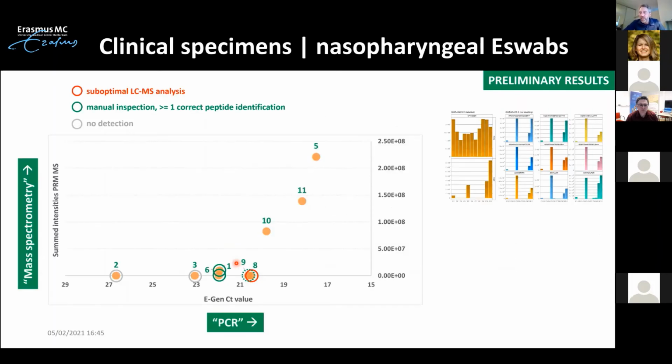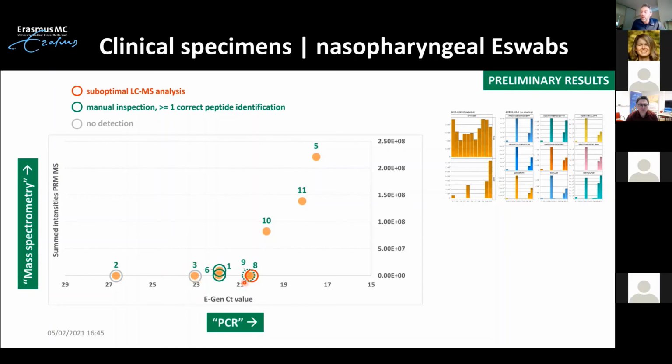If you then sum the intensities for all peptides and plot these against the corresponding e-gen CT values of the same samples, then these are the results. So obviously for the higher CT samples, so that means more virus present, the intensities are high. And for some high CT values, less virus present, the intensities are low, or we couldn't detect any peptides at all.